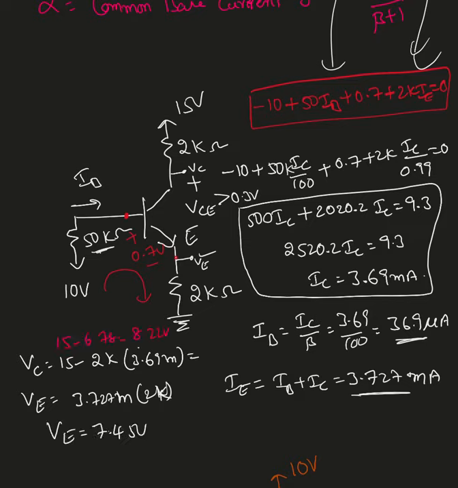Here I have VC equal to 8.22 volts, VE equal to 7.45 volts. So VCE is 8.22 minus 7.45, which is definitely greater than 0.3 volt. So this transistor is working in active mode of operation. That's all we need to find.